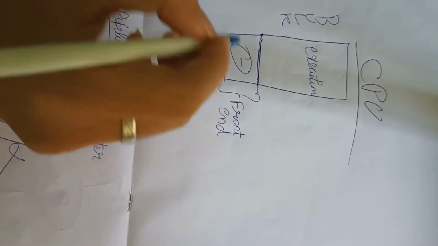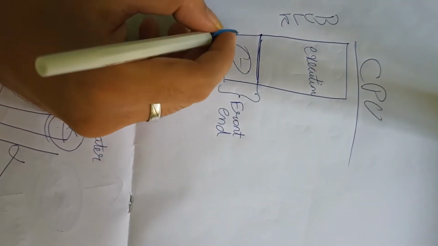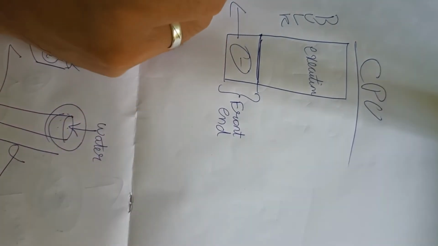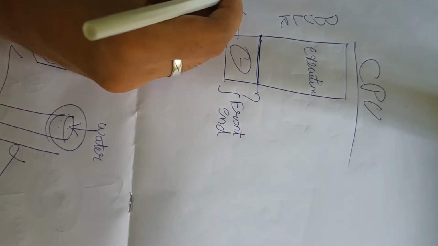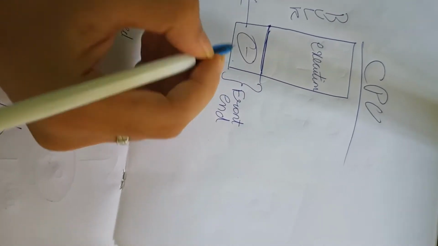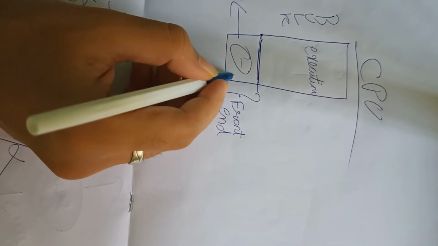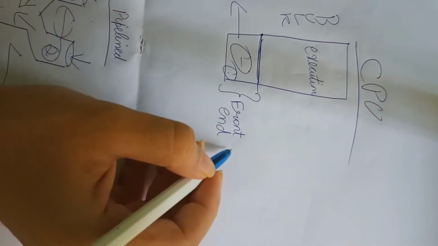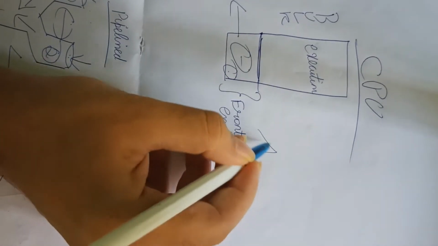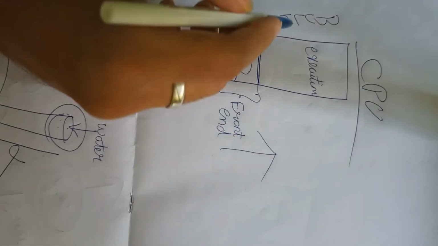Now guys, this front end usually fetches data from the memory and does the decoding process, and after it decodes all the data, it will send it down into the pipeline to the execution stage into the bulk.